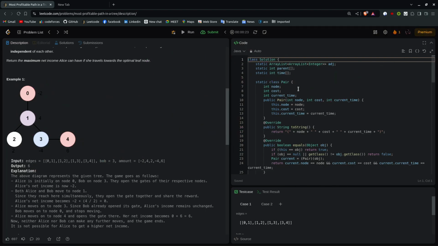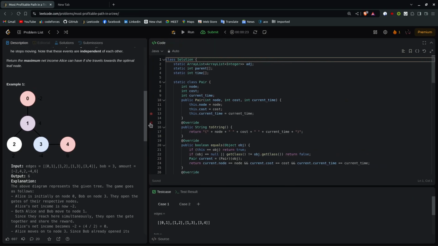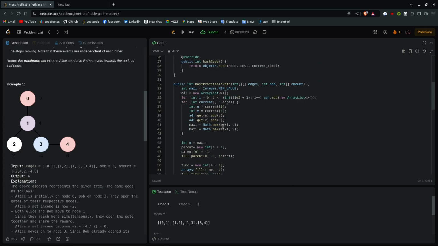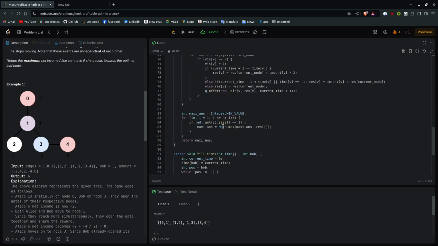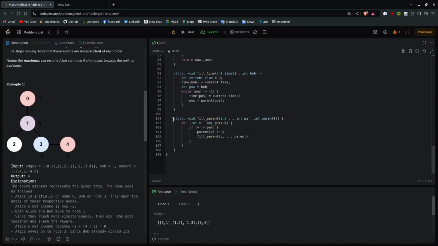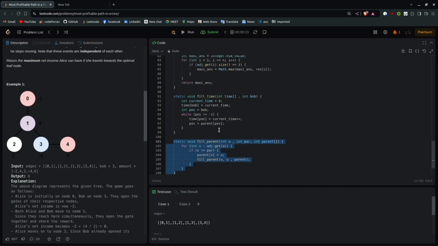So in code, what we can do is, first we will try to fill the parent array, and I have this function named fillParent, which takes as input some particular node u, its parent, and the parent array, and fills the parent array. Basically, which node is the parent of which node, and so on.